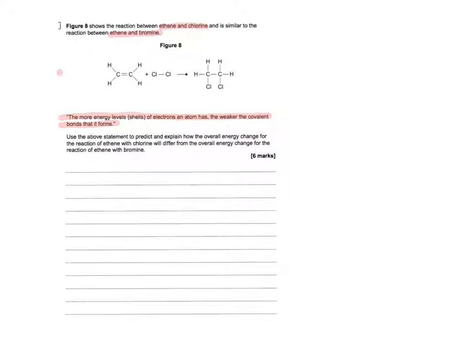So it says, use the above statement to predict and explain how the overall energy change for the reaction of ethene and chlorine will differ from the overall energy change for the reaction with ethene and bromine.